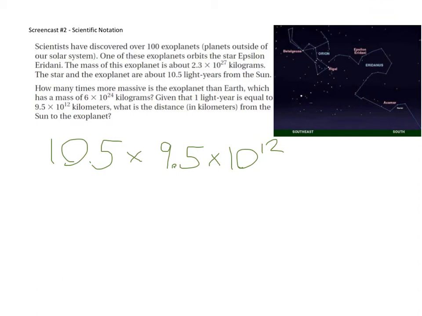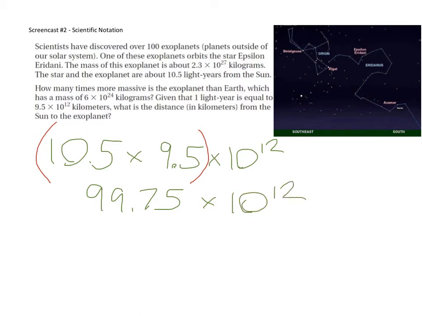Let's multiply the constants together first. 10.5 times 9.5 is going to give us 99.75. And then because there's nothing to multiply this 10 to the 12th power by, you simply carry it down. Very nice.